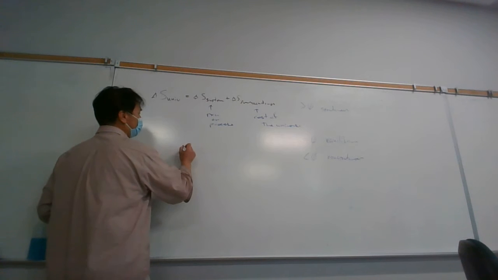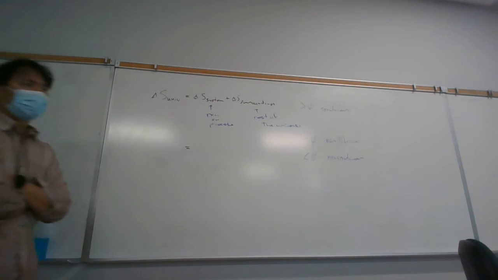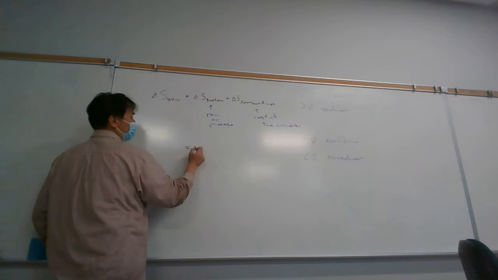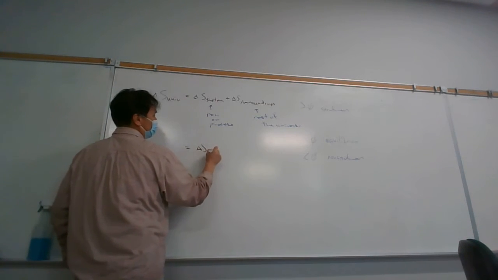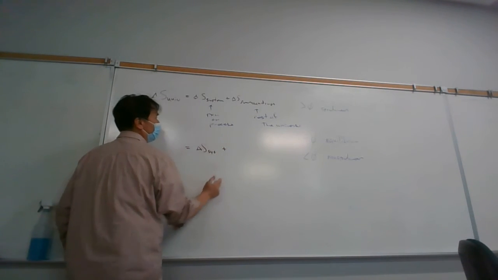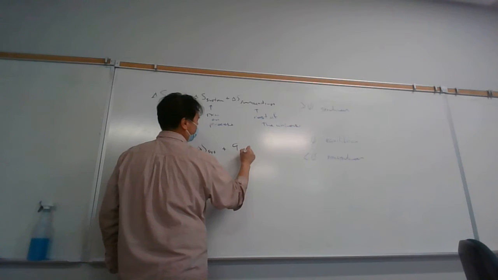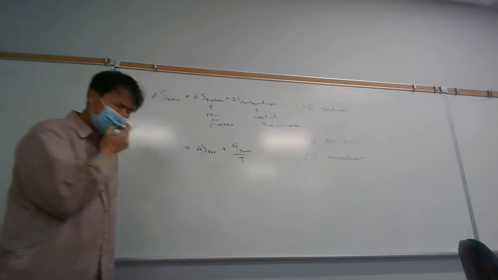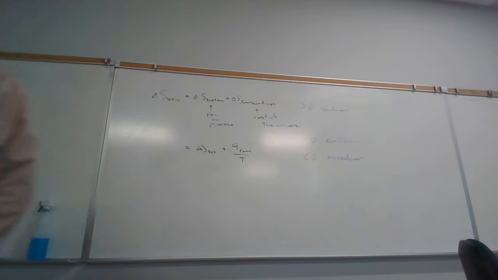The more heat that's absorbed, the more ways it can be absorbed, the higher the entropy. So we'll have delta S of the system, and for the surroundings we're just going to say plus Q of the surroundings over T. It's related to the amount of heat at a given temperature.